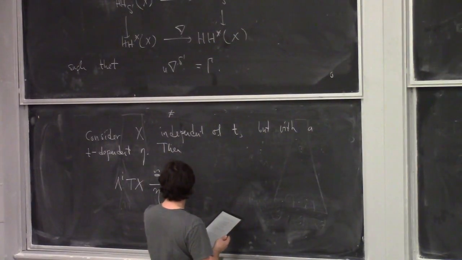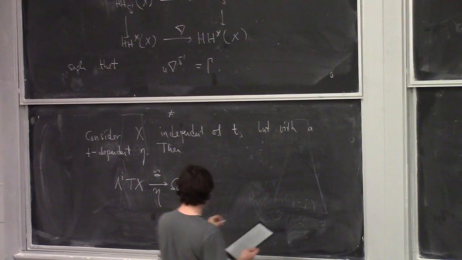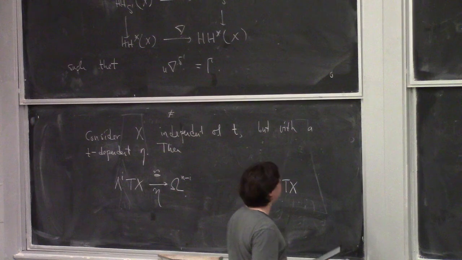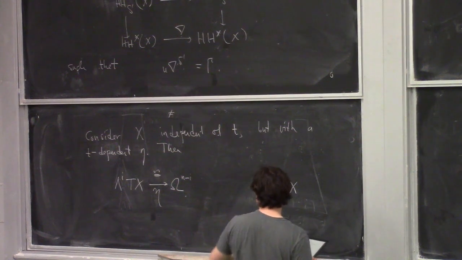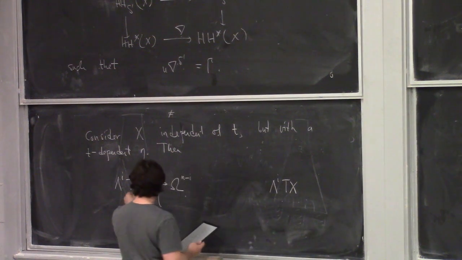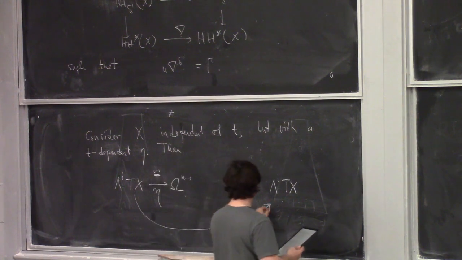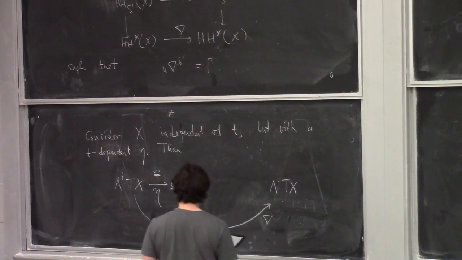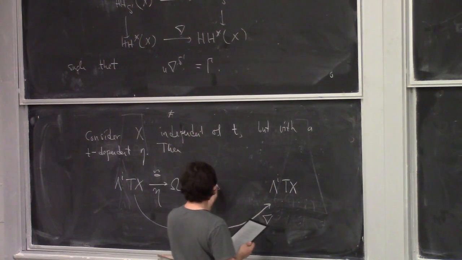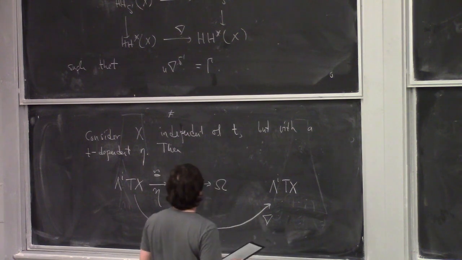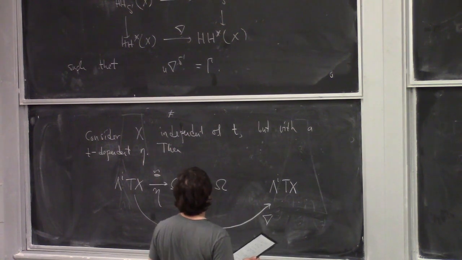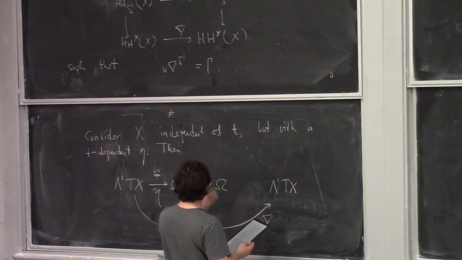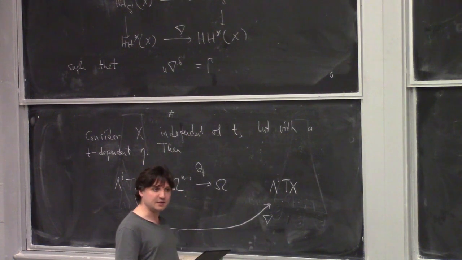Okay, so let's see. How is this connection? In this case here, I have my connection here, and it actually comes from a local operation. And what is this local operation? So this is somehow supposed to relate it to the Gauss-Manin connection, and the Gauss-Manin connection is just given by differentiating forms in dt, right?